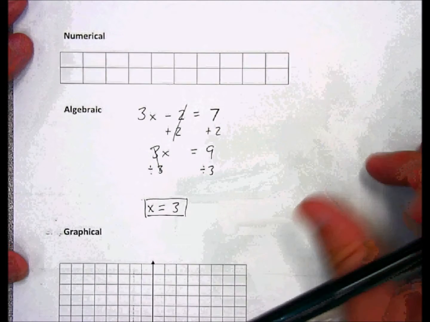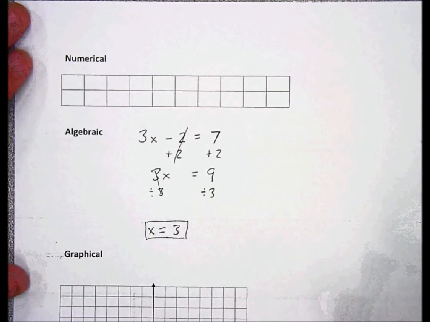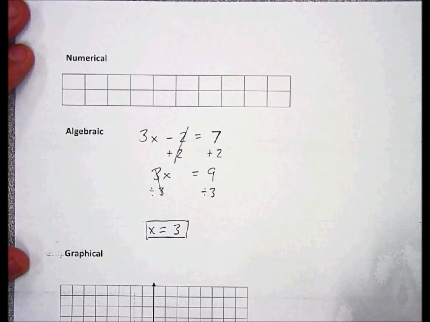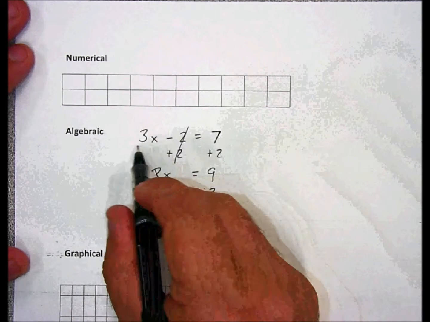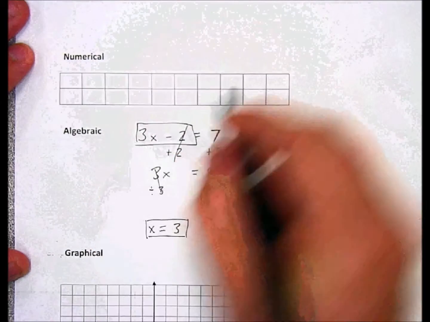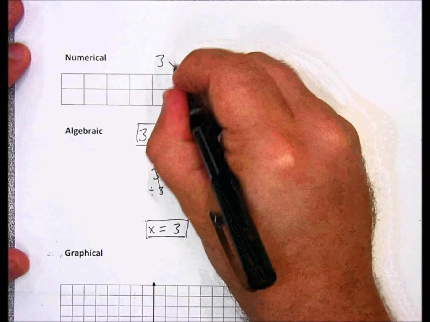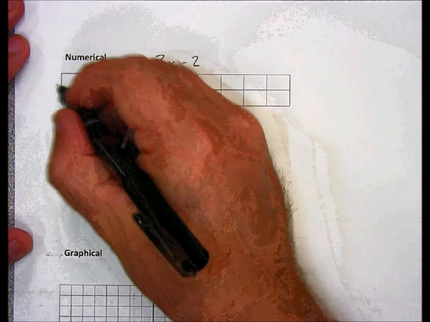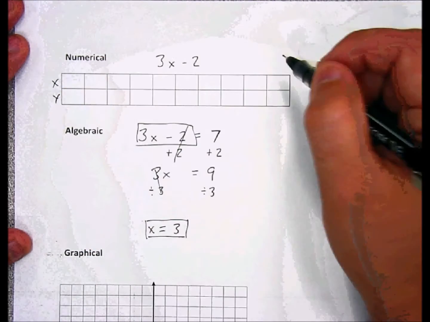Okay, so let's look at what I'm going to call a numerical approach. The way I'm going to do that is I'm going to write this side of the equation down. So I've got 3x minus 2, and we'll make this like an xy input-output table.